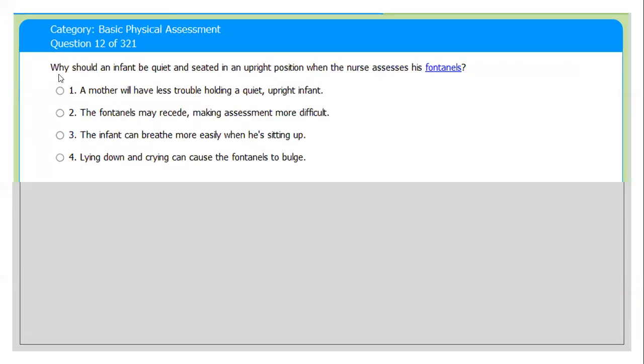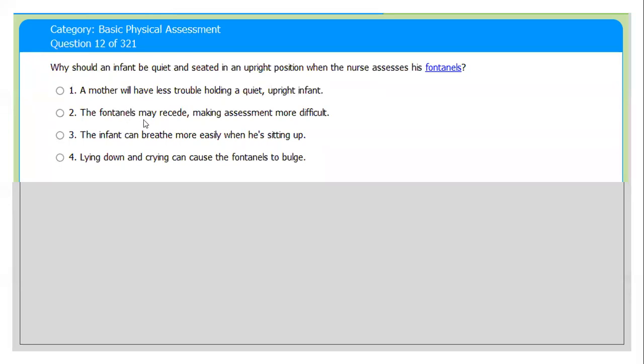Next question here. Why should an infant be quiet and seated in an upright position when the nurse assesses the fontanel? Out of 4, which one is the answer? Number 1, a mother will have less trouble holding a quiet or upright infant.